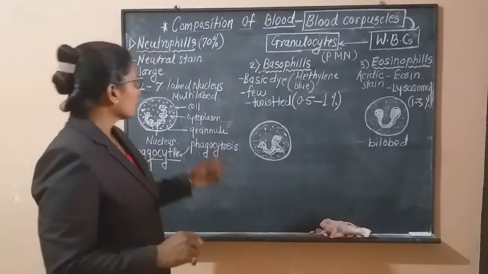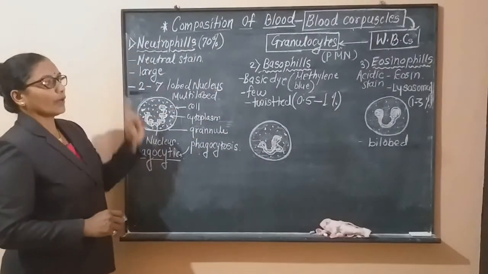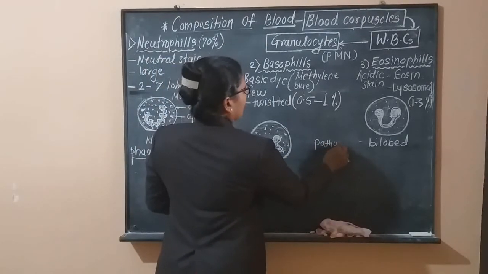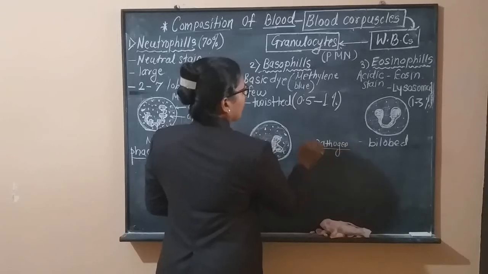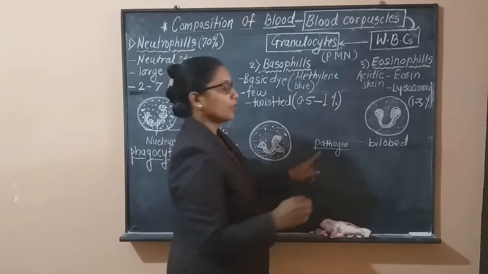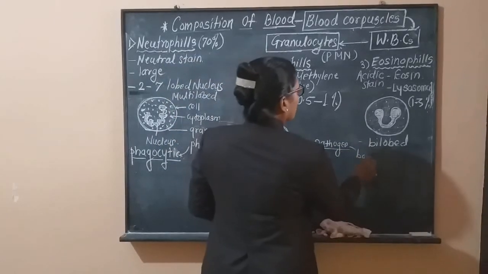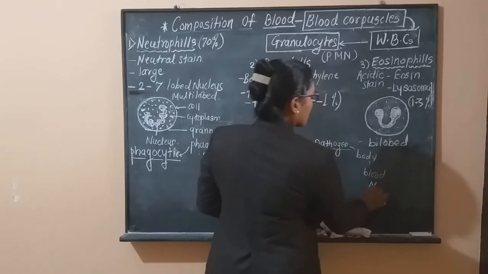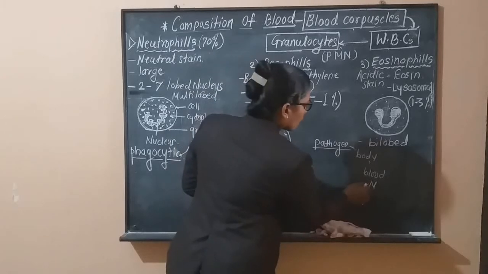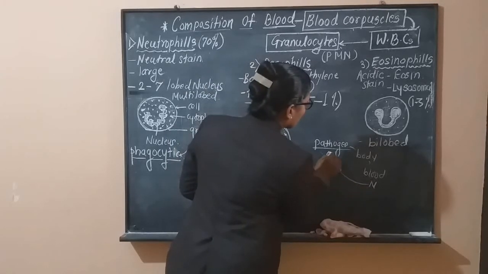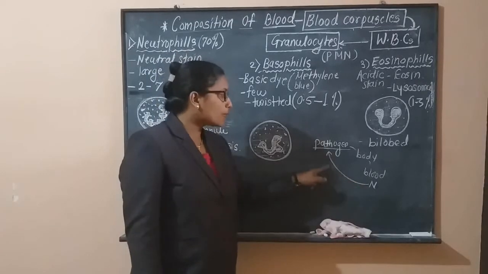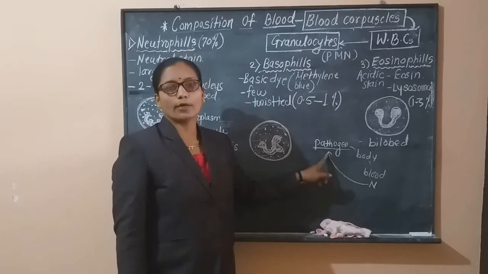What happens? When there is infection in our body, the pathogens are of different categories. When a pathogen comes into the body, whatever neutrophils are present in our blood can move toward this pathogen. At the site of infection, these neutrophils can move due to amoeboid movement.